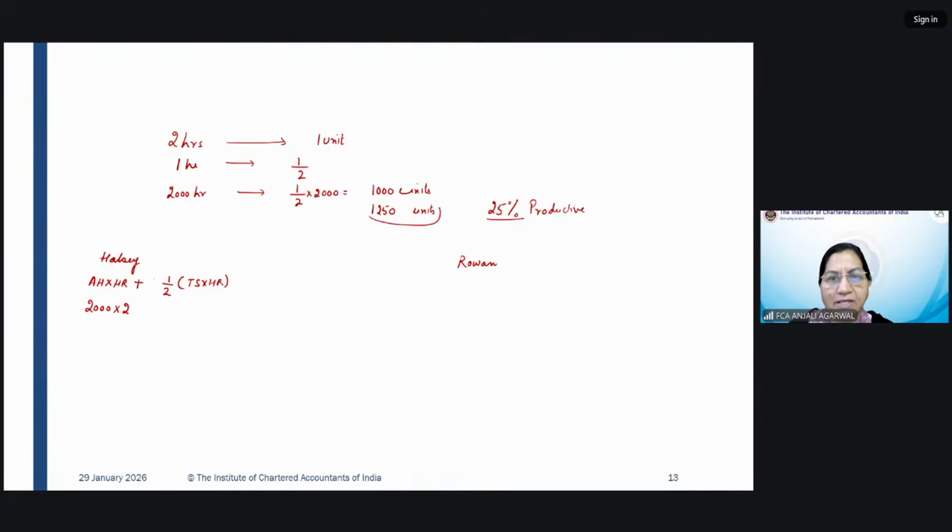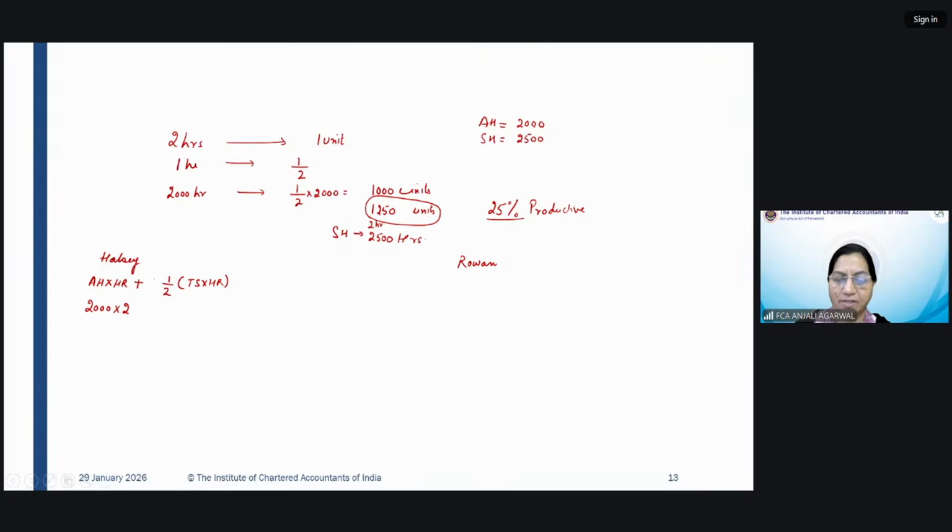Time saved will be calculated now by finding out the standard hours for 1250 units. As it takes 2 hours to produce 1 unit, 1250 into 2 will be 2500 hours. So the job which the workers have done in 2000 hours, the standard hours to do the same job is 2500 hours.